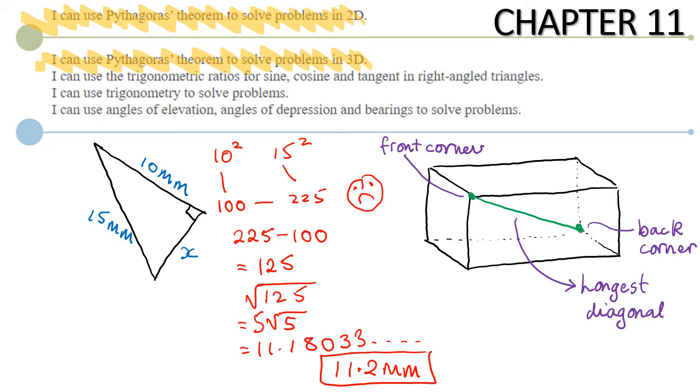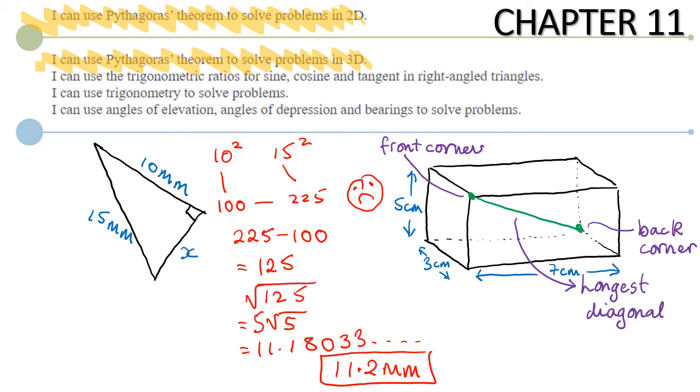So we just do one more number with Pythagoras. So if this was 7 centimeters here going across, if the height was 5 centimeters like that, and the depth, how far it goes back, was 3 centimeters like this, then to find the length of that longest diagonal, you basically just stick another number in Pythagoras.